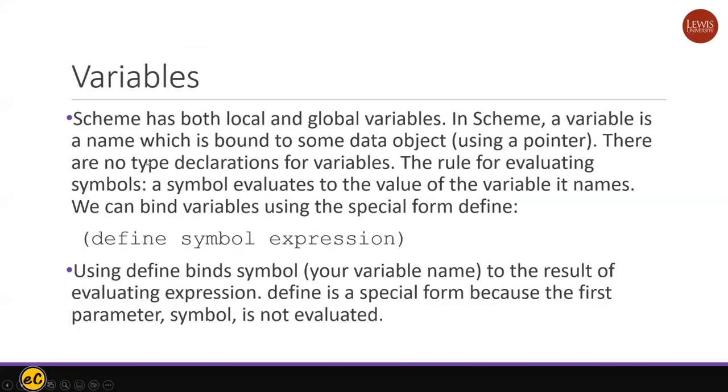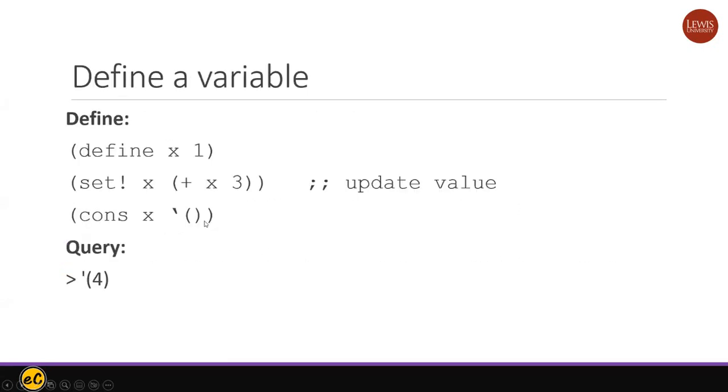So variable is created using define. But there is a binding environment. You have to know where you define it and where it becomes a local variable, so there is a scoping problem. So define x 1, and you can set x to x plus 3. Here you have 1 plus 3, you get 4, and then set x to 4. This is an update.